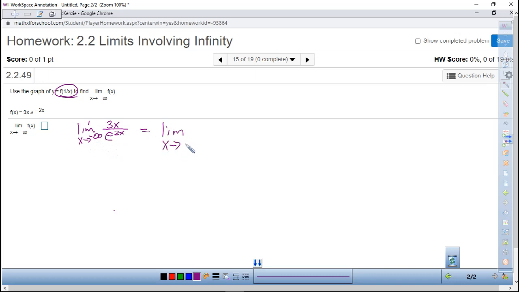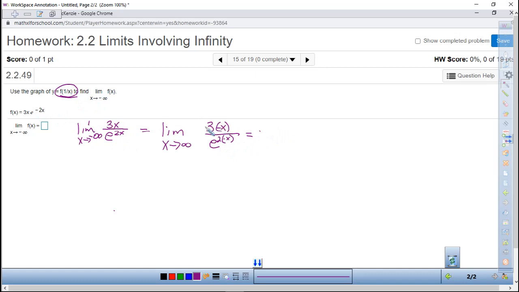So if I want to do x approaching infinity, I've got to put a negative everywhere I have an x. So I have 3 times negative x over e to the 2 times negative x. Now, where we moved it to the bottom before because we had a negative in our problem, it's a negative again, so we're going to end up moving it back up.